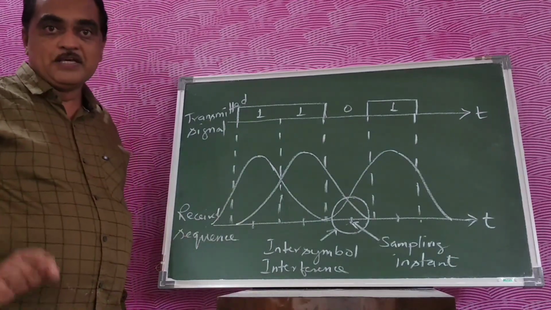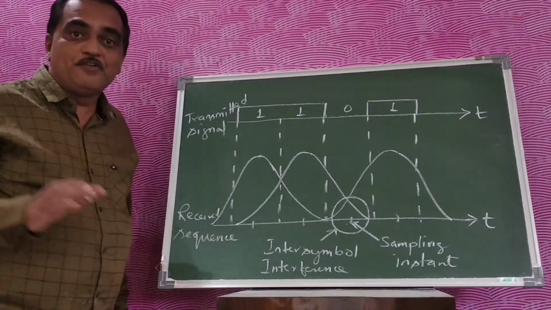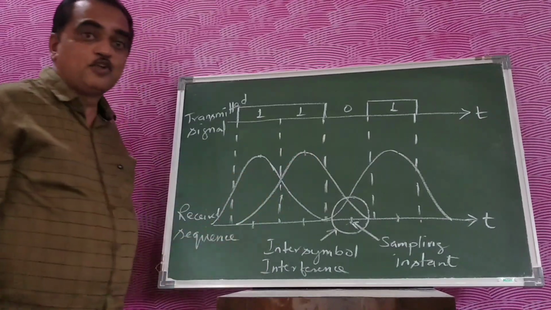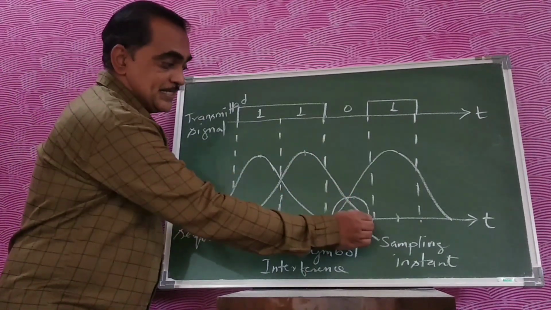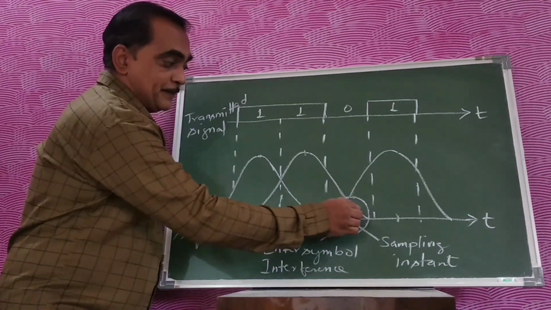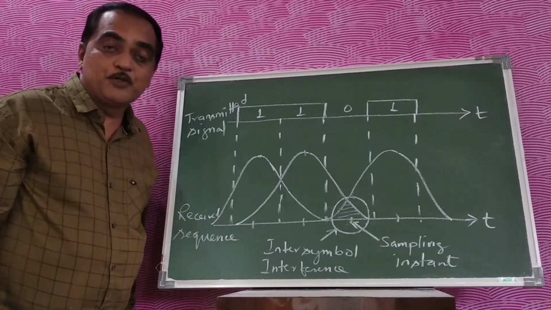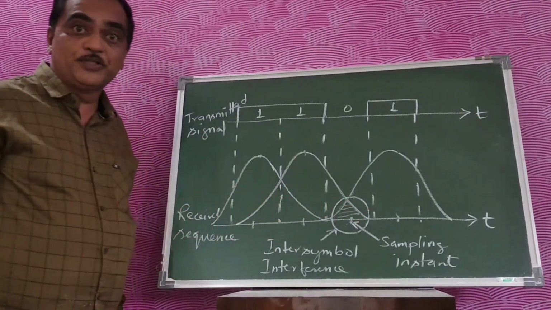of the pulse. Now in this case, this will be treated as logic 1 after you detect in the decision device. This also will be treated as logic 1. But here, for logic 0, this and this pulse are overlapping and there is a small amplitude. That amplitude will be a disturbance, so there is a disturbance from adjacent pulses over here.